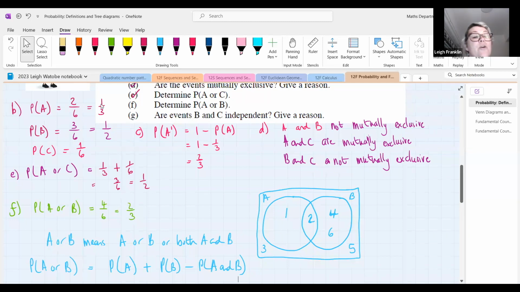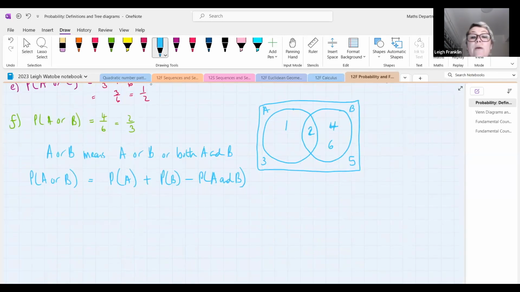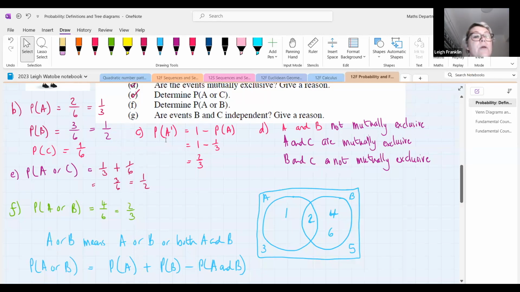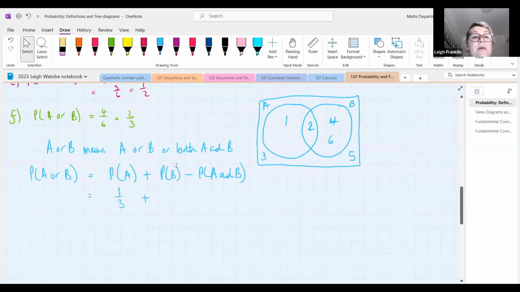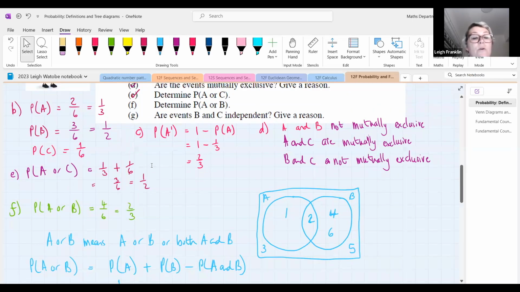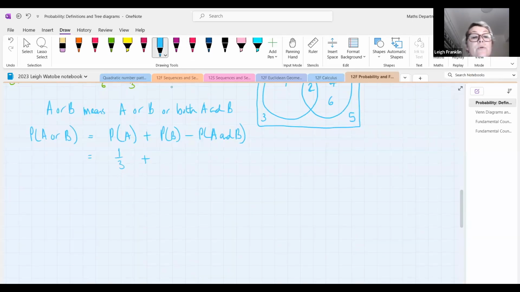From the beginning, we know that it's 1 in 3. We know what the probability of B is. It is 1 in 2. And we know that the only thing that is both A and B is the number 2. So that's 1 in 6.